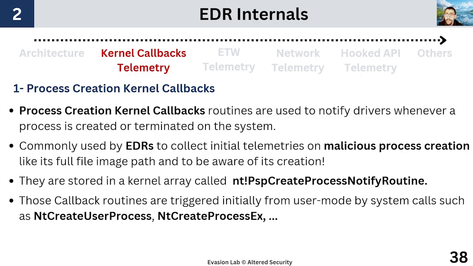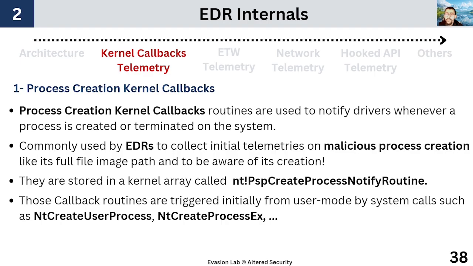These callbacks are commonly used by endpoint detection and response (EDR) solutions to detect malicious process creation patterns and capture important metadata like the command line, parent process, and full file image path for the newly created process. This telemetry allows EDRs to be aware of process creation events in real time and respond accordingly.